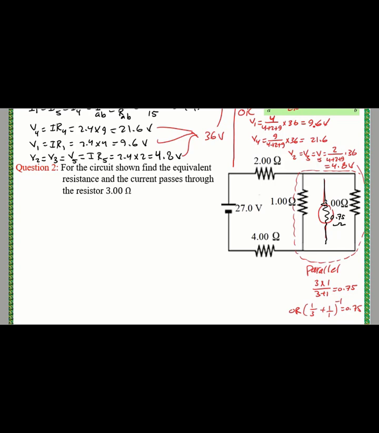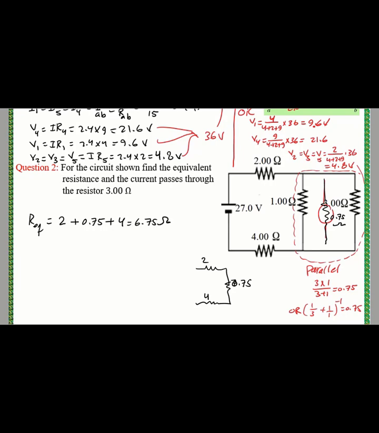For the circuit shown, find the equivalent resistance. R equivalent equals, now the 2 ohm, our 0.75 and the 4 ohm are in series, because we replaced these two with 0.75. This is 2, this is 0.75, and this is 4.